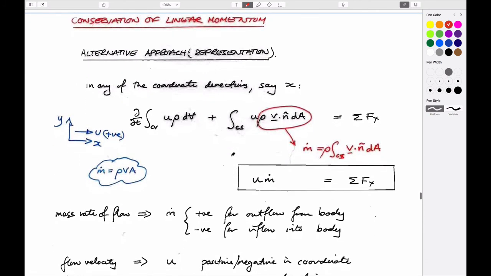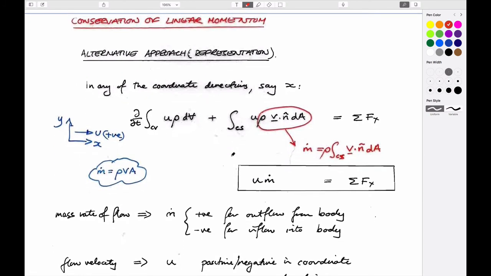When we look at conservation of linear momentum, again, we can use Reynolds transport theorem. The basic expression we have is the one that we talked about earlier. We've written it as velocity times, not a dot product, velocity times the mass flow rate is equal to the sum of the forces, where this is a vector and this is a vector, and these are the same summations in this particular case.